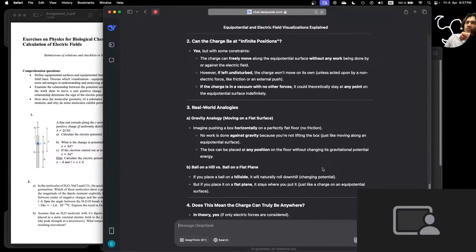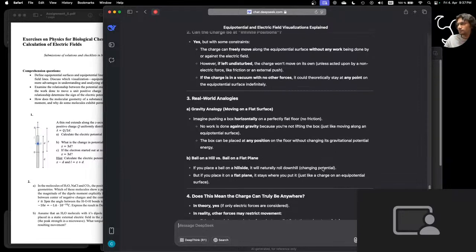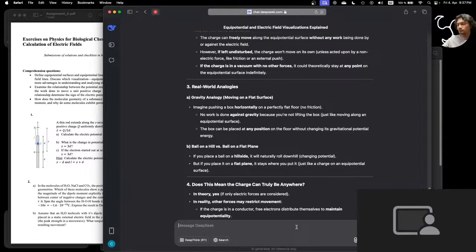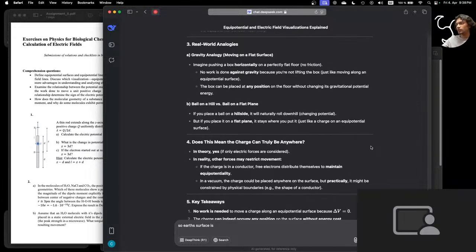So, could we say Earth's gravitational force has an equipotential surface? Oh, but this is not for gravitational force. Okay.